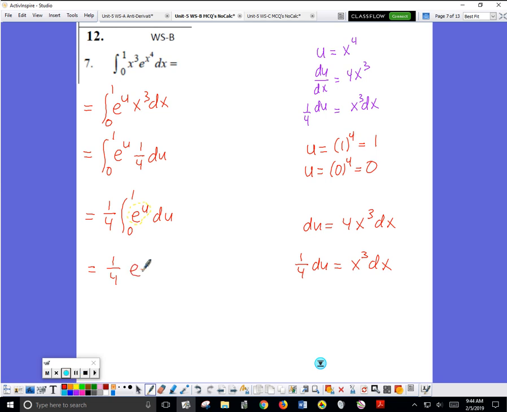So that's my f, and I need to find f's value at 1 and also 0. So I have 1/4 e to the 1, subtract 1/4 e to the 0.